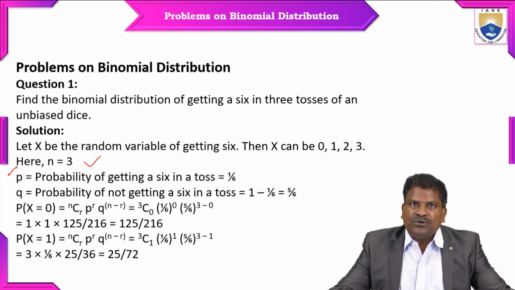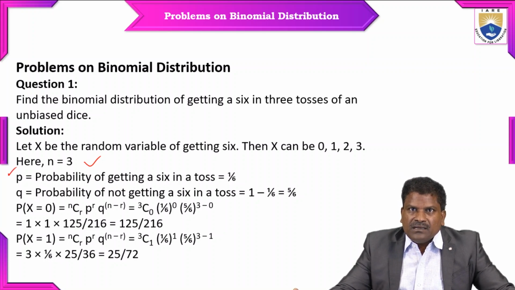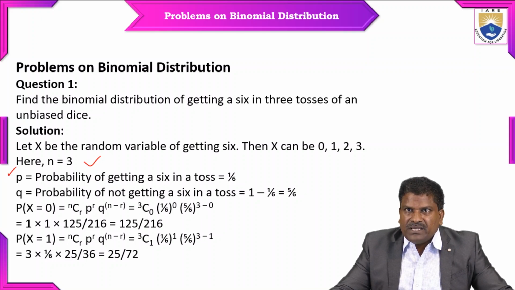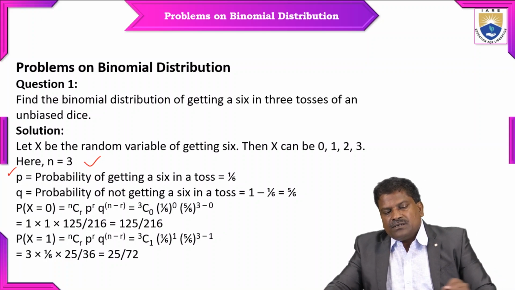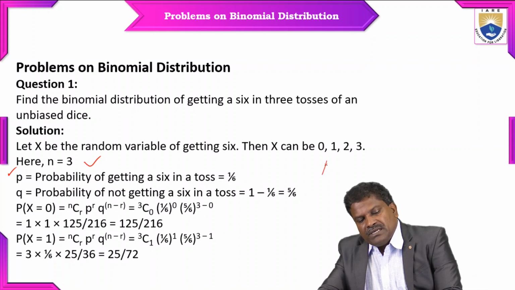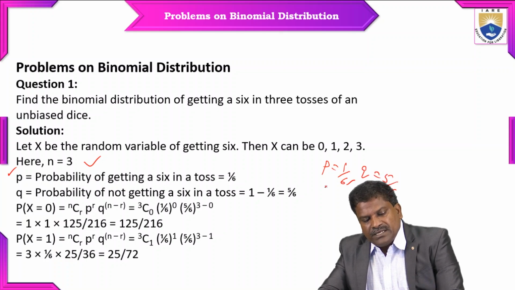So what is q? The probability of not getting a 6 is 1 minus p, which is 1 minus 1 by 6, that is 5 by 6. So p is equal to 1 by 6, q is equal to 5 by 6, n is equal to 3, and x is equal to 0, 1, 2, 3.